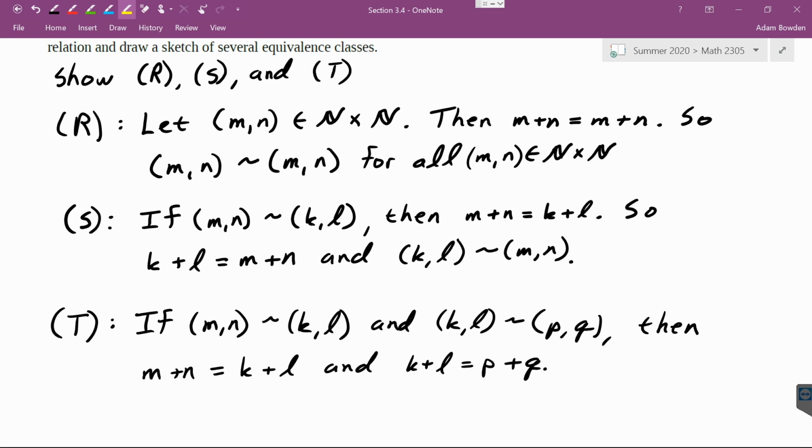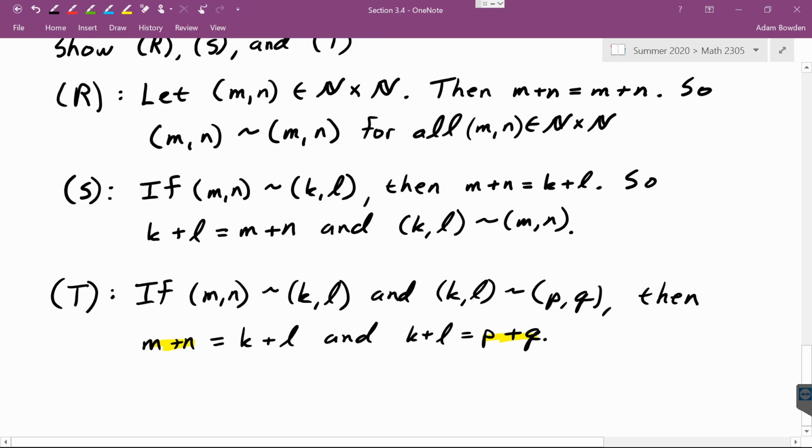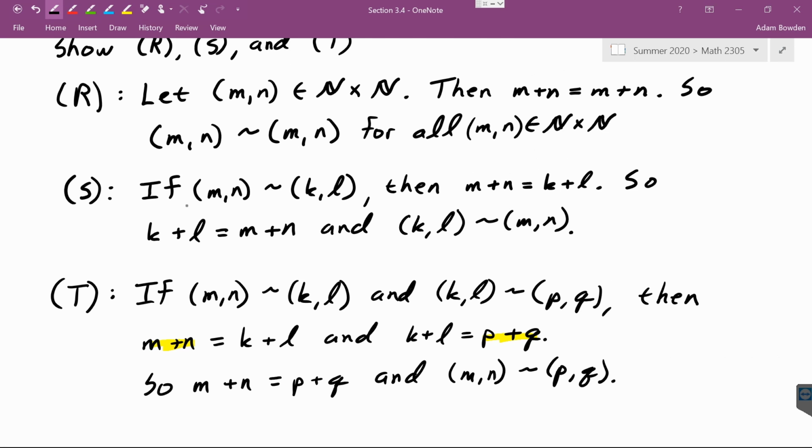But since m plus n and p plus q are both equal to the same thing, we can say that m plus n is equal to p plus q, and also that m, comma n is related to p, comma q. That verifies that this is indeed transitive. So we've shown that it has reflexive, symmetric, and transitive properties.